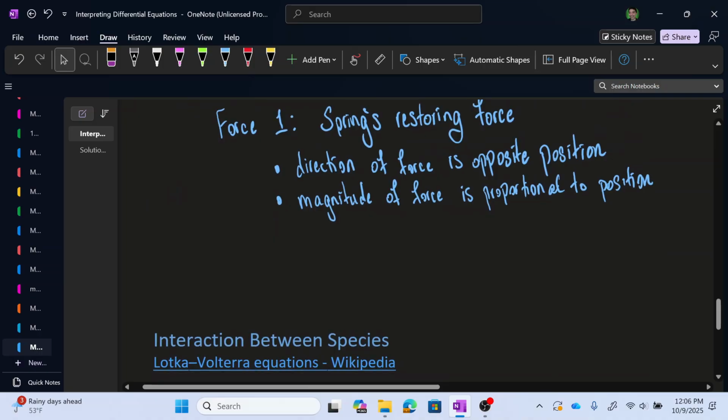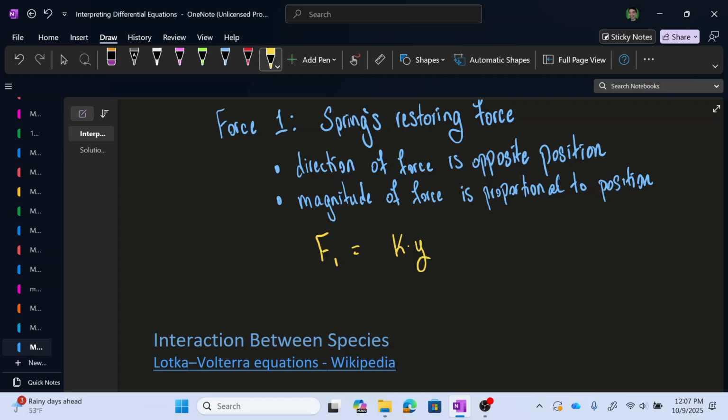So, putting those two pieces together, if I'm going to express this first force symbolically, I'll call it F1 for the first force. Then the first force is proportional to, so it's some number times, the object's current position, but there is an opposite happening here in terms of direction.